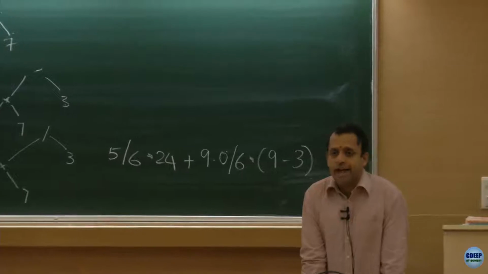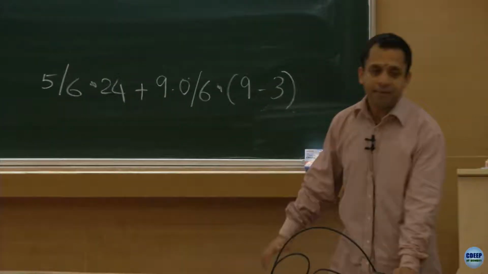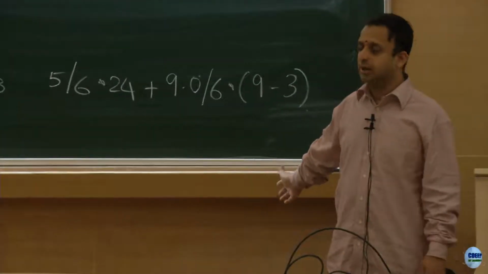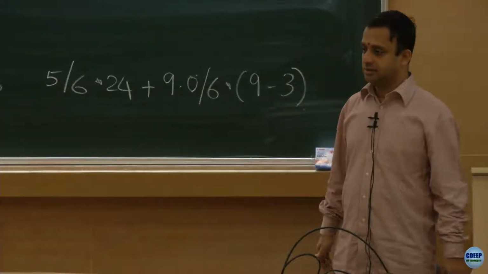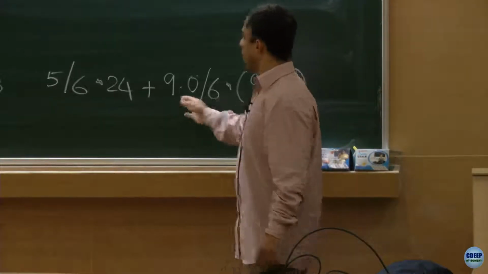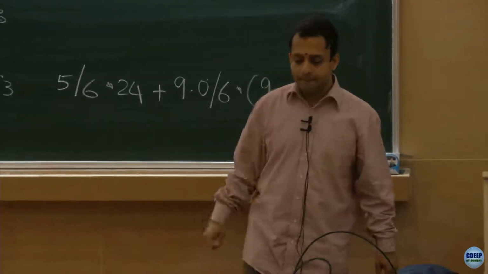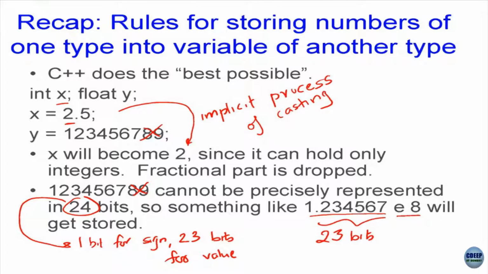Now not only do we have operator precedence to consider, but we also have types to be considered. Okay, so we need to understand the types here. So for type, I'll do this next slide and then you'll try and answer this question.